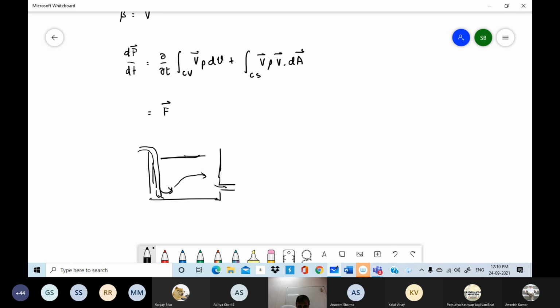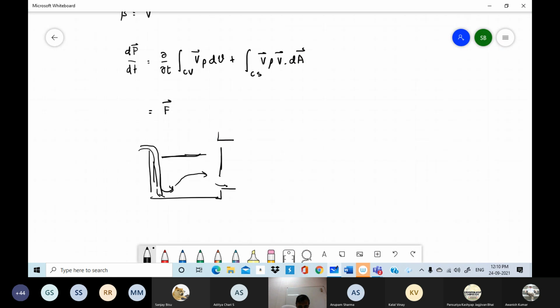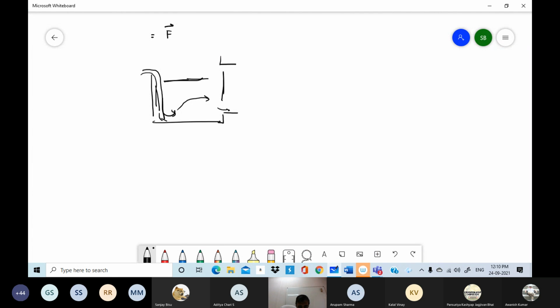So to evaluate dP system by dt, I use the Reynolds transport theorem and write the expression in terms of values in the control volume. So let's write that explicitly.